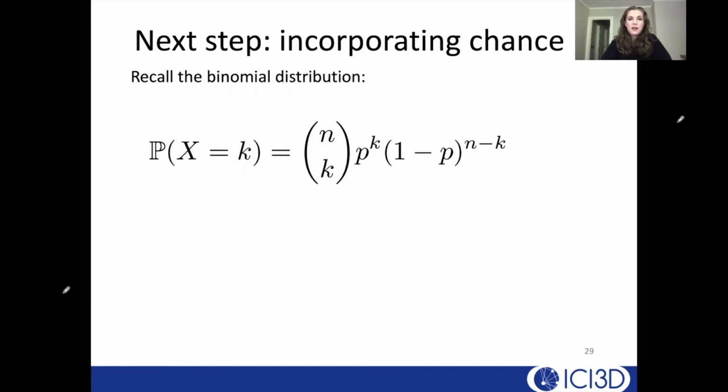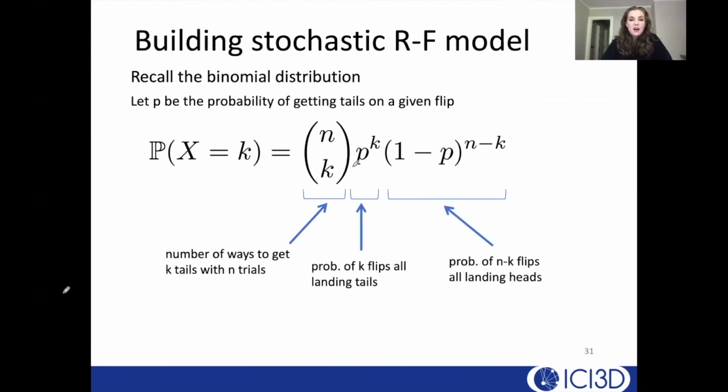So for the next step, we want to incorporate chance. If you recall the binomial distribution here, we can let p be the probability of getting tails on a given flip, and then think about each of these parts.